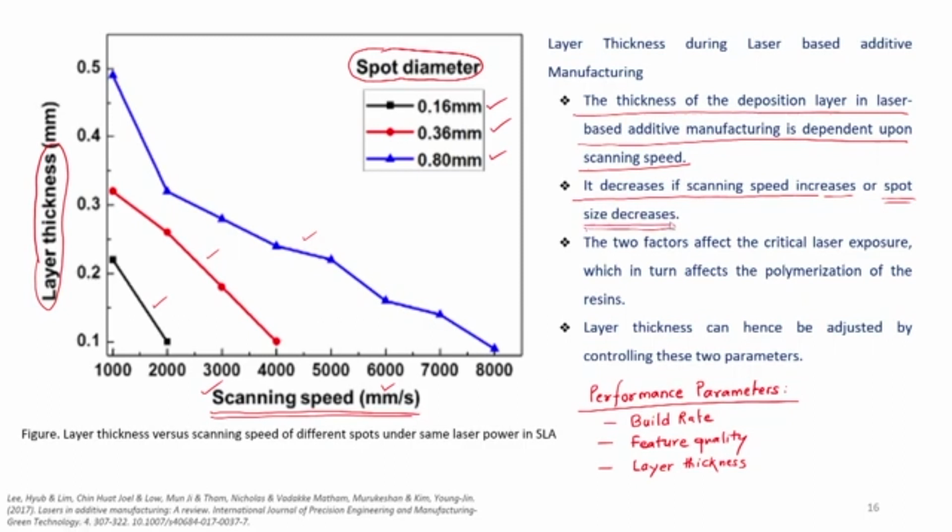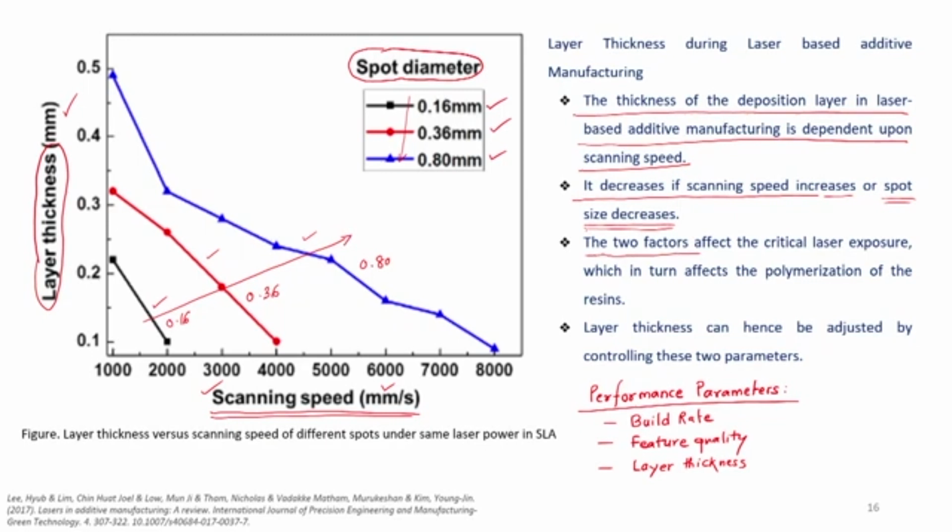So, you just notice that as we are increasing the spot diameter, the layer thickness is also increasing. So, this is for 0.16, this is 0.36 and this is for 0.80. So, as we are increasing the spot diameter, the thickness is also getting increased.